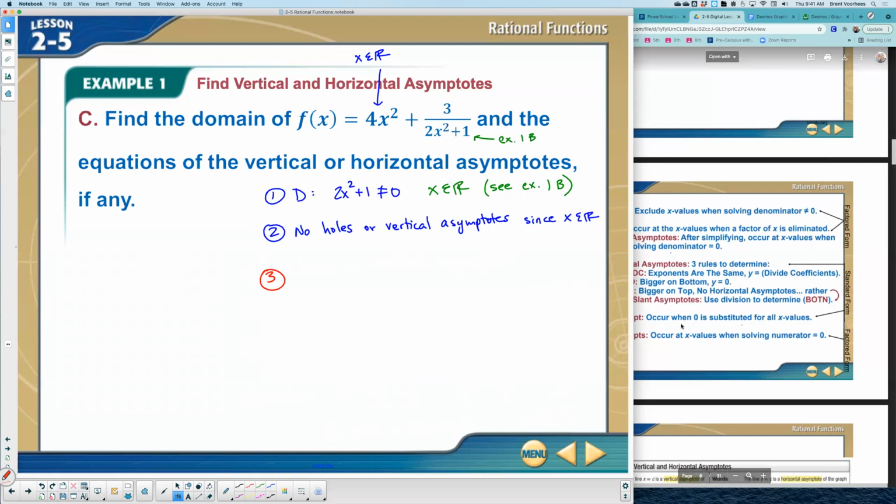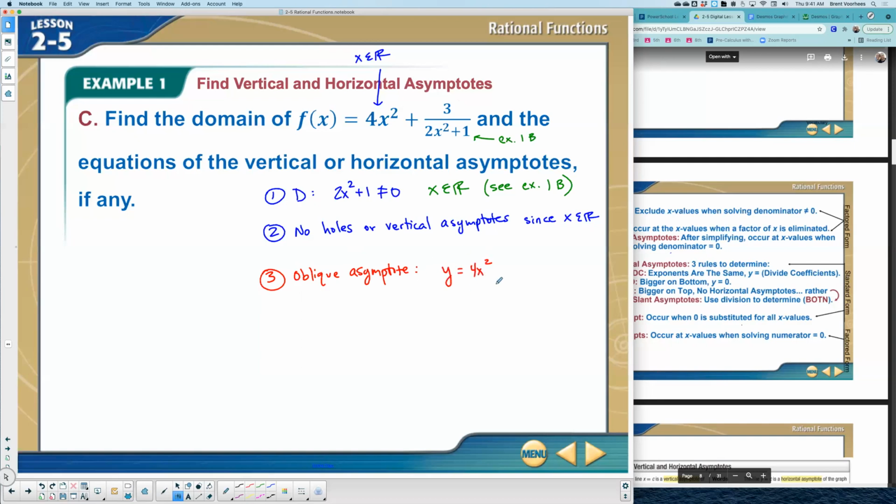And so our horizontal asymptote is actually going to be an oblique asymptote. That's because after you simplify the fraction, this 4x squared is greater than a -2 power. The oblique asymptote will be the leading term, which is y equals 4x squared.